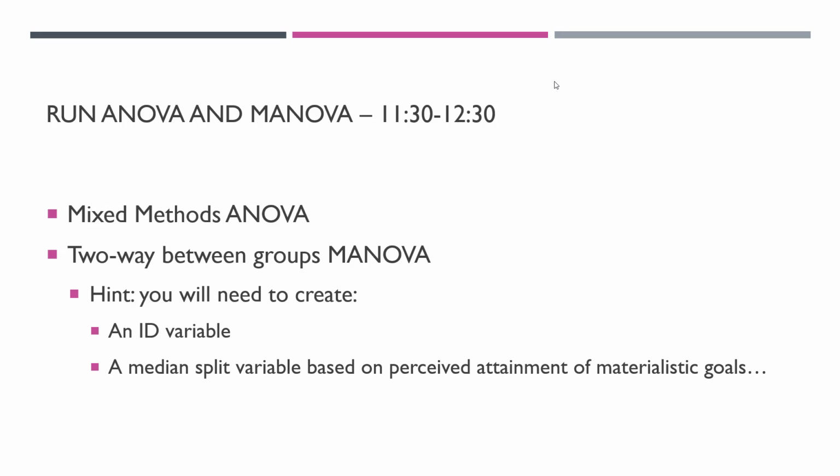The other thing that you'll need to do is have a go at creating a categorical variable based on a median split for the perceived attainment of materialistic goals. So this can happen sometimes when you want to initially include a continuous variable in a type of analysis, but it doesn't behave in the way that you need it to.